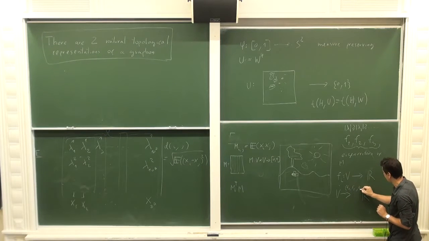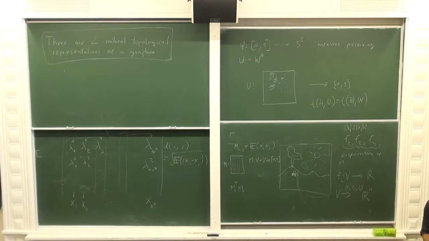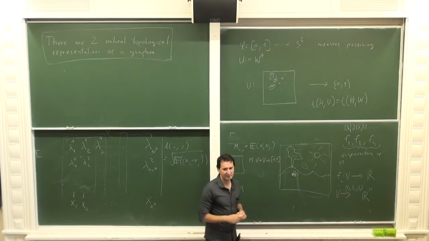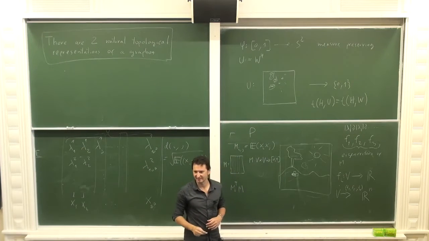So F1, F2, and so on, Fn together give an embedding of V into a bounded dimensional space, and this embedding somehow recovers this hidden topology. And this is basically also, if you are familiar with, what is called principal component analysis.